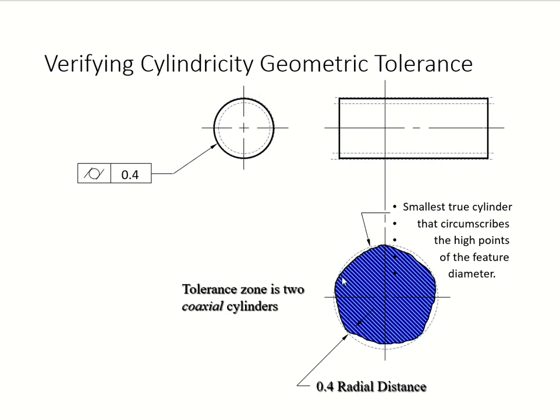And of course, it's going to circumscribe, meaning here is your surface, and these are the high points of that cylinder surface. Your true cylinder is going to encompass that, meaning the closer this is all the way to your tolerance zone, the better, yeah? Okay.